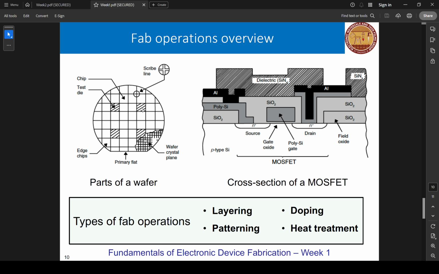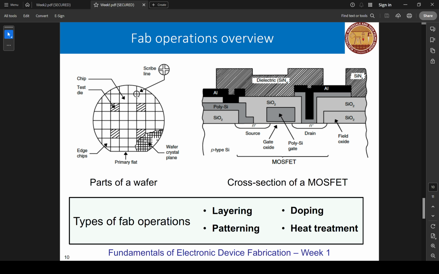After all the fabrication is done, you will cut the wafer into these square pieces. While cutting, they know where the imaginary lines are, so they know where they will cut the wafer and how much area they will lose in the cutting.